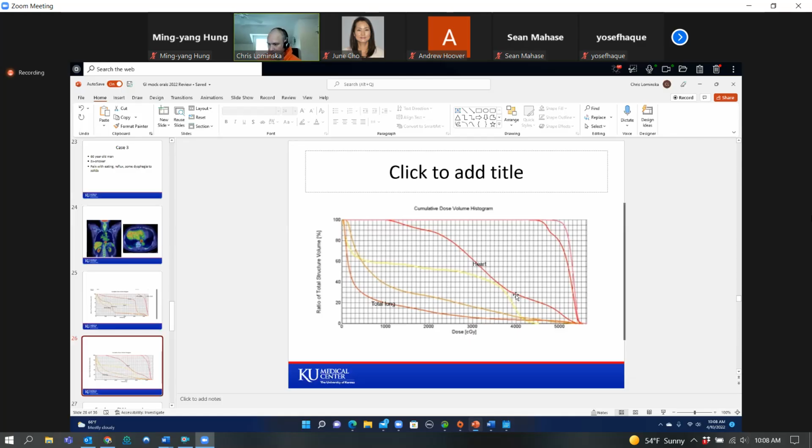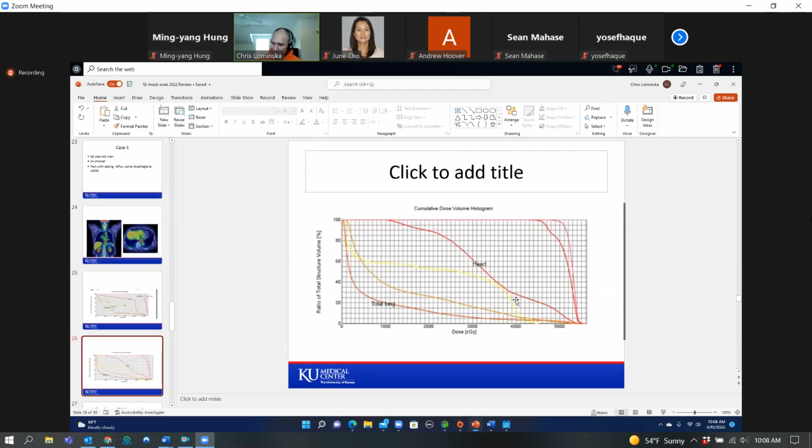There were a couple of people who started with 50 gray, and I asked and asked and asked, and I was fishing for dropping to 41 if you couldn't meet your heart constraints. So I would be ready to drop to a lower appropriate dose for a neoadjuvant patient if you're having trouble meeting your heart or other constraints. And I did ask about different surgical techniques.